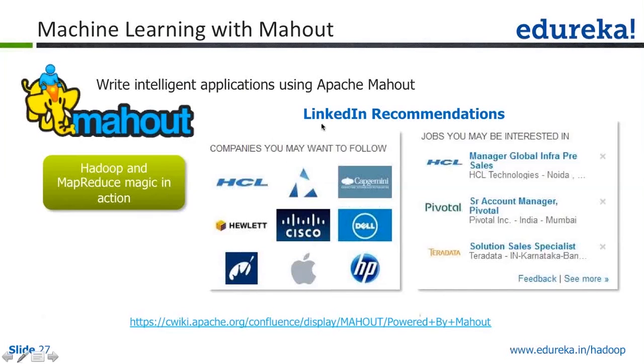I'm sure everyone has seen these kinds of recommendations on LinkedIn. Companies you may want to follow, jobs you may be interested in, people who saw this profile also looked at, people similar to this. I'm sure everyone has seen, right? Or the recommendations which you see on Amazon, all that is done using Mahout.